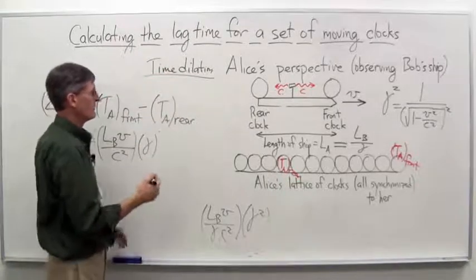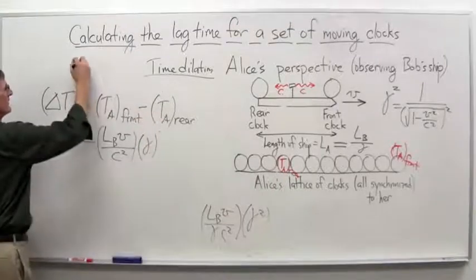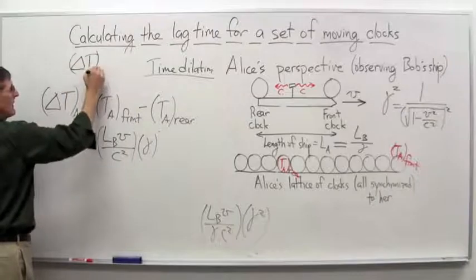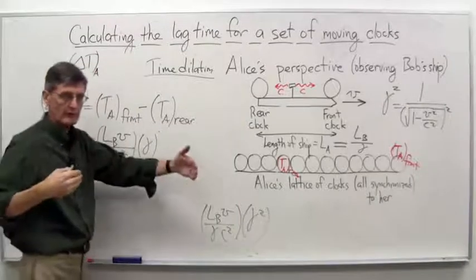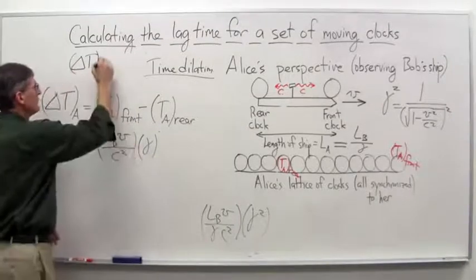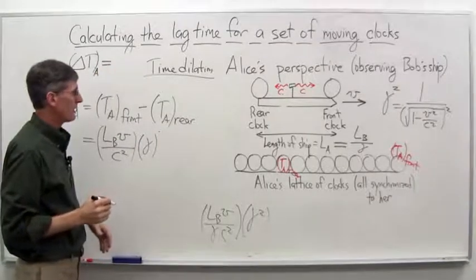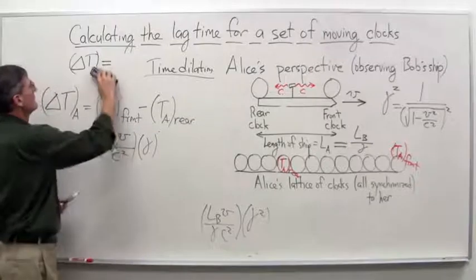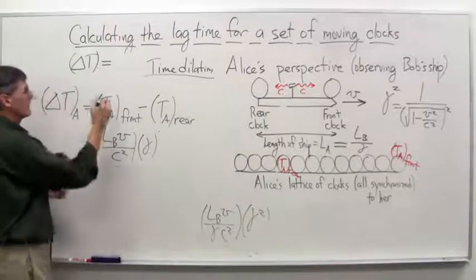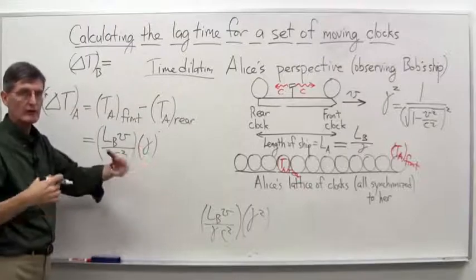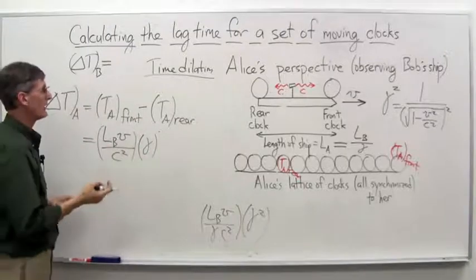Because, again, one way we can write this is if we have delta t for Alice, a time length for Alice is going to be, in terms of Bob's clocks, or let's write it like this. It's a little easier to say this way because that's how we've been saying it. For Bob's clocks, a time difference is going to be smaller than for Alice's clocks.